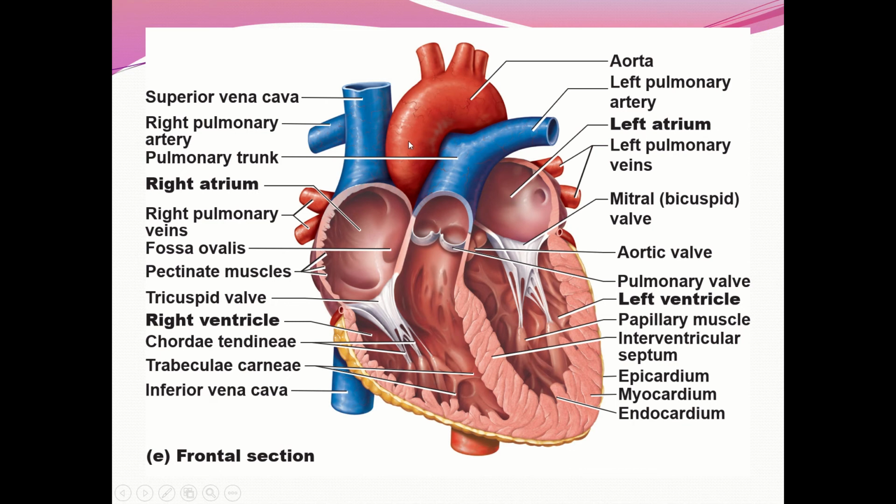And the aorta is going to be very thick and have a lot of elastic tissue because it's going to receive the bulk of the blood pressure coming out of the left ventricle. And we can see that the aorta is going to branch into several arteries. It also will then continue on down into the abdomen and even branch into the legs.